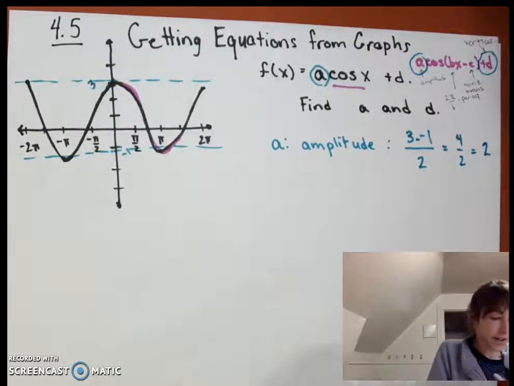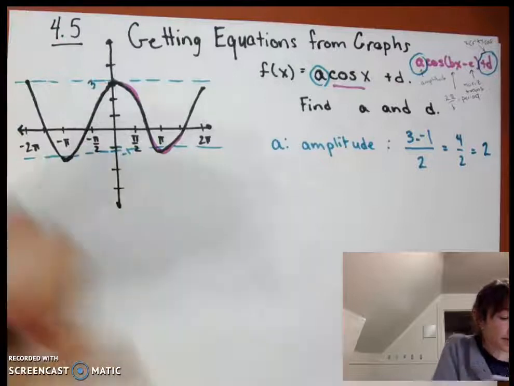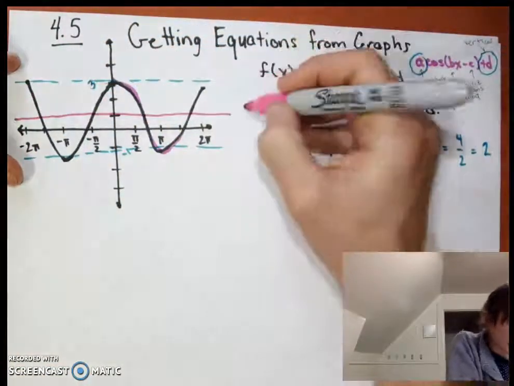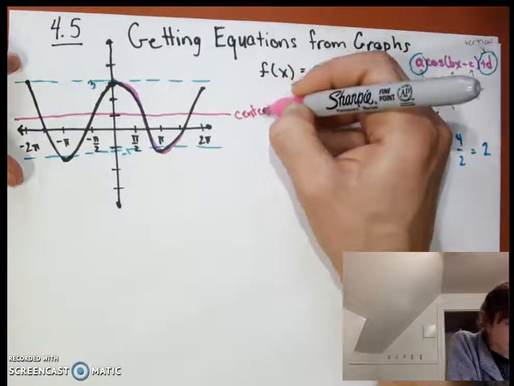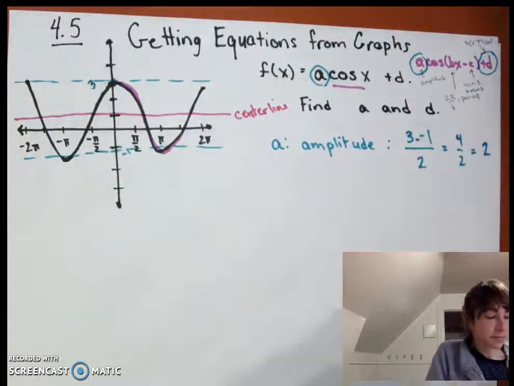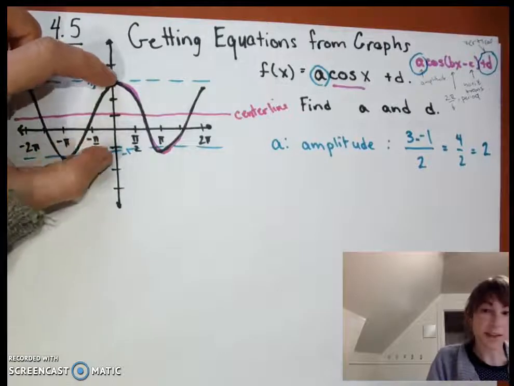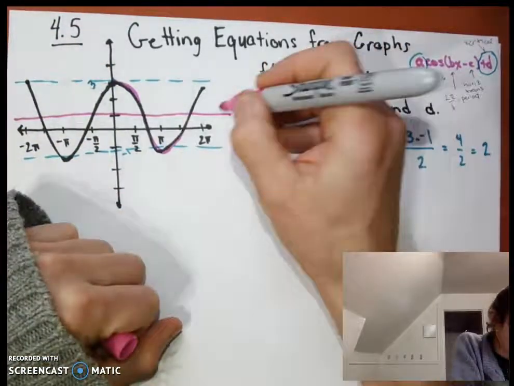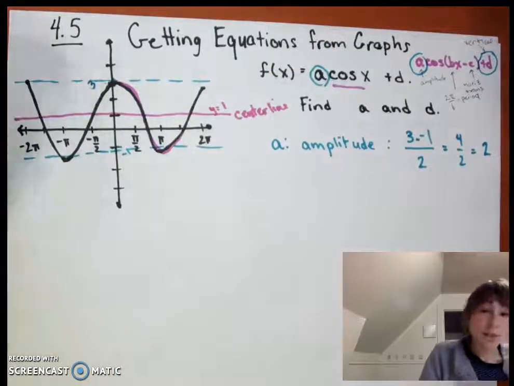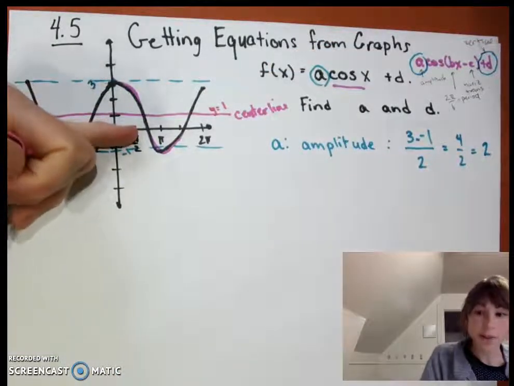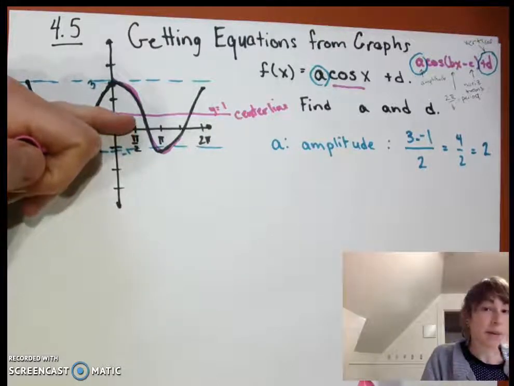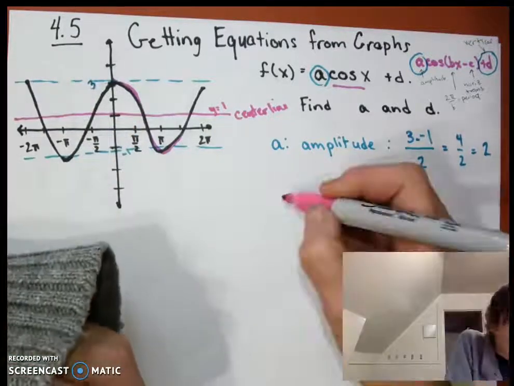Now to find our shift up, we basically just look for the center line of the graph. Halfway in between the highest and lowest point, that's going to occur at y equals 1. Usually the center line is at 0. So if I started with a center line at 0, now it's at 1, that means I shifted up by 1.